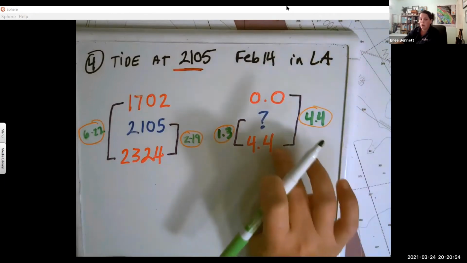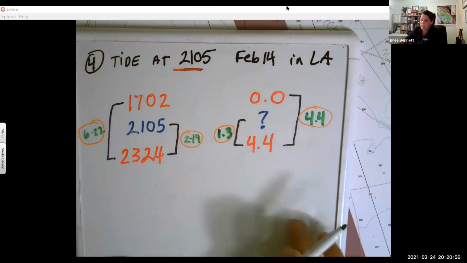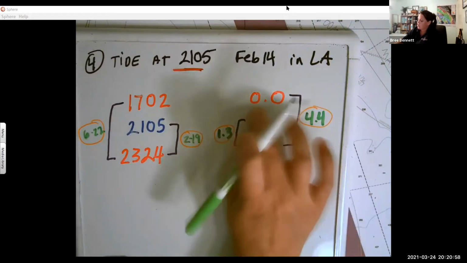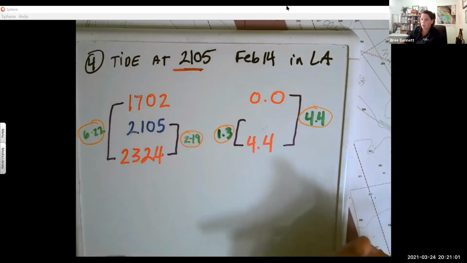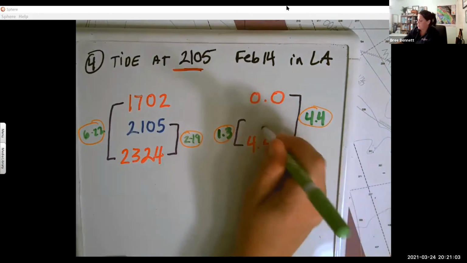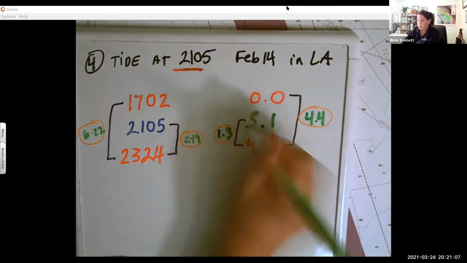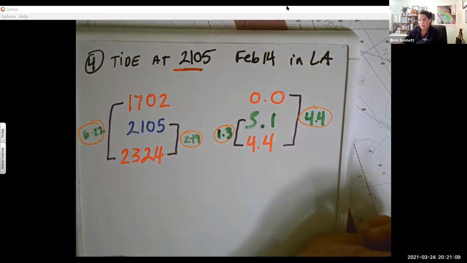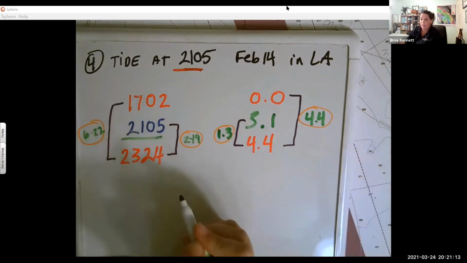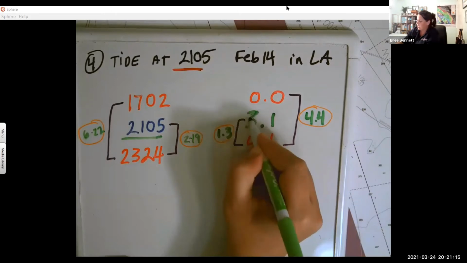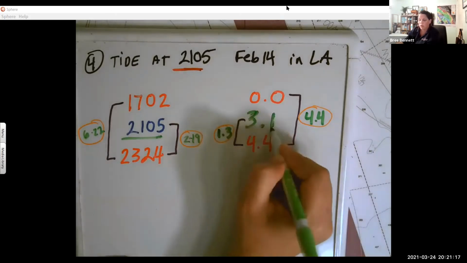My 4.4 was my max and then it's falling again. So I'm going to subtract my 1.3. What do I get? I get 3.1 as my tide. So at 21:05, my tide is 3.1.